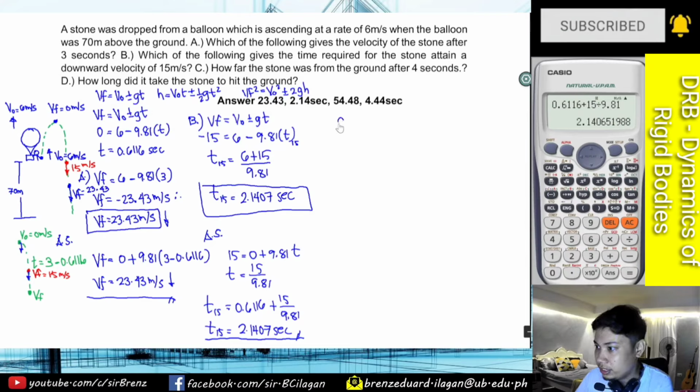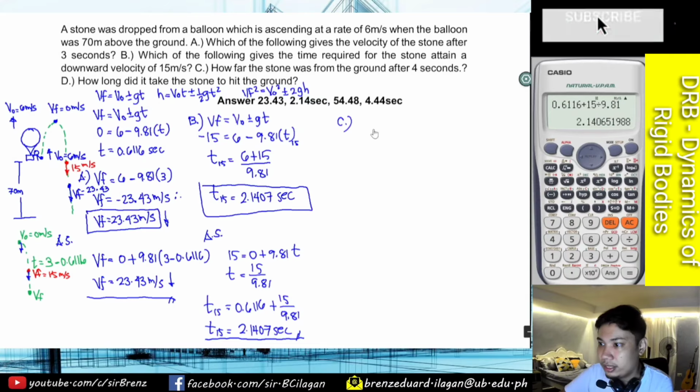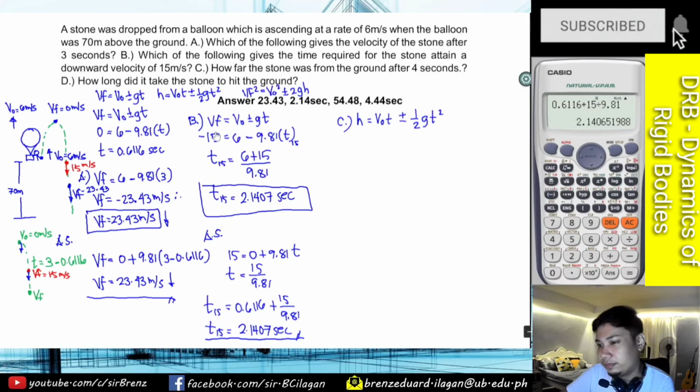For letter C, ang gagamitin natin equation dyan, since given yung time and yung initial velocity is also given, we can use this equation, yung second equation natin, which is H is equals to VOT plus or minus 1/2 of GT squared. So, mangyayari, ang mahanap nating distance niyan, ano ba yung ano niya? After 4 seconds, di ba?